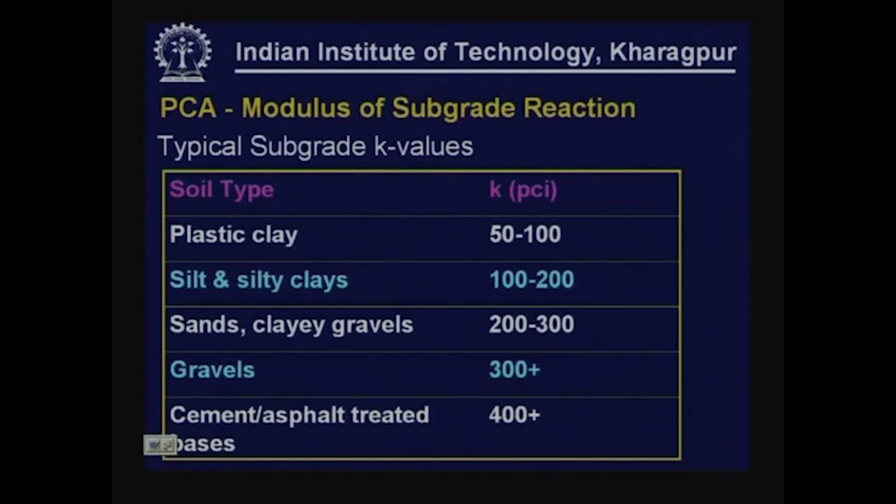For cement or asphalt treated bases it can be more than 400. Sands and clayey gravels 200 to 300, silt and silty clays 100 to 200. This is just an approximate idea of what could be the modulus of subgrade reaction value of different types of soils.